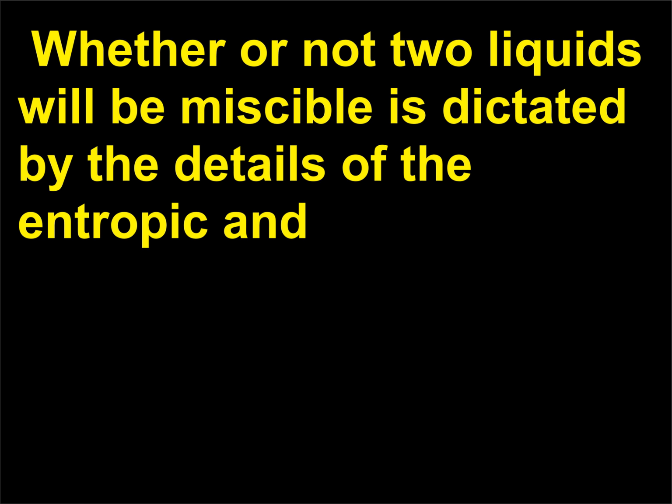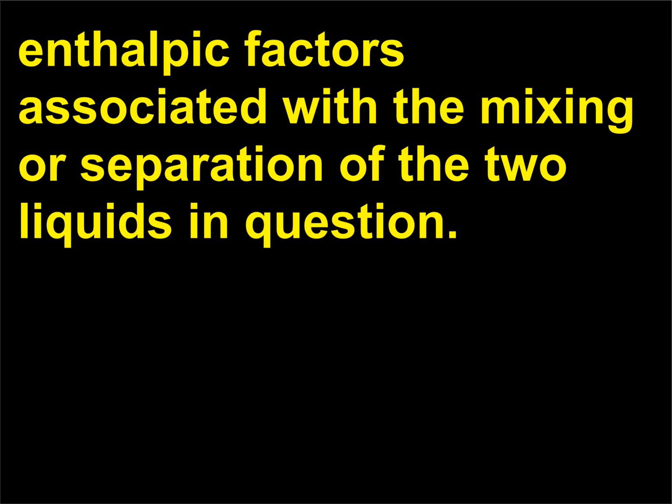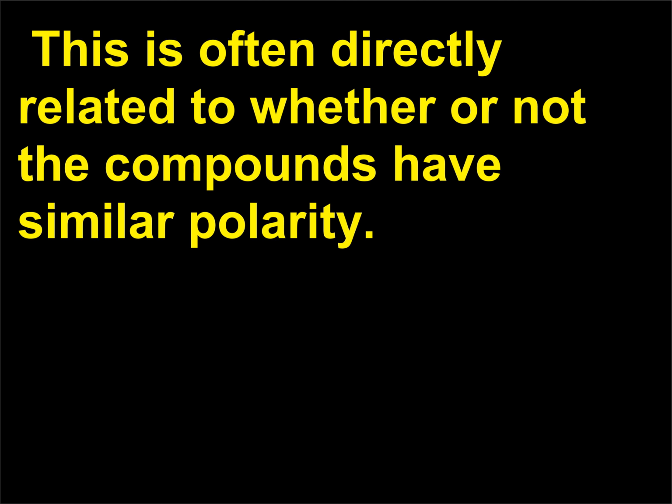Whether or not two liquids will be miscible is dictated by the details of the entropic and enthalpic factors associated with the mixing or separation of the two liquids in question. This is often directly related to whether or not the compounds have similar polarity.